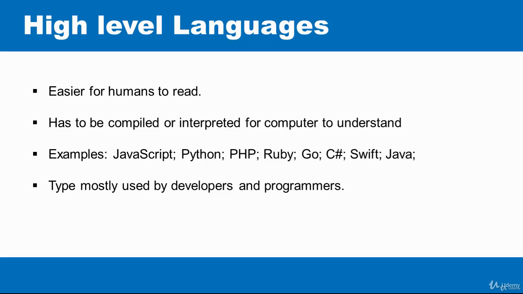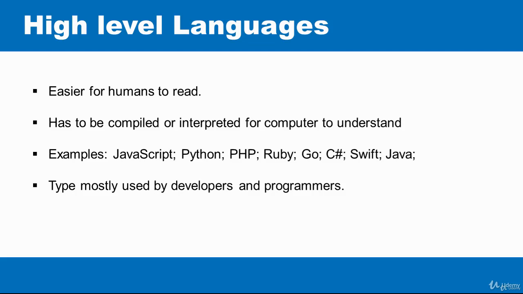So that's it for this video. The key thing you can take away from this video is that there are two main levels of programming languages. There's a low-level language, which is closer to the hardware and more difficult for humans to read, and which is also faster to execute or run, while the high-level languages are easier for humans to read, but they have to be compiled or interpreted.